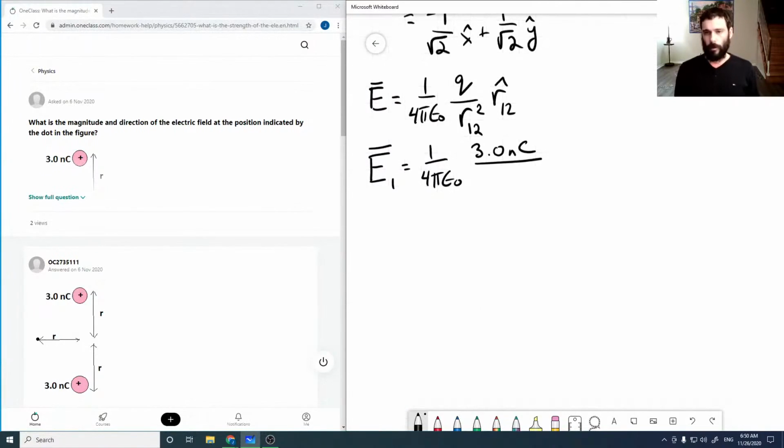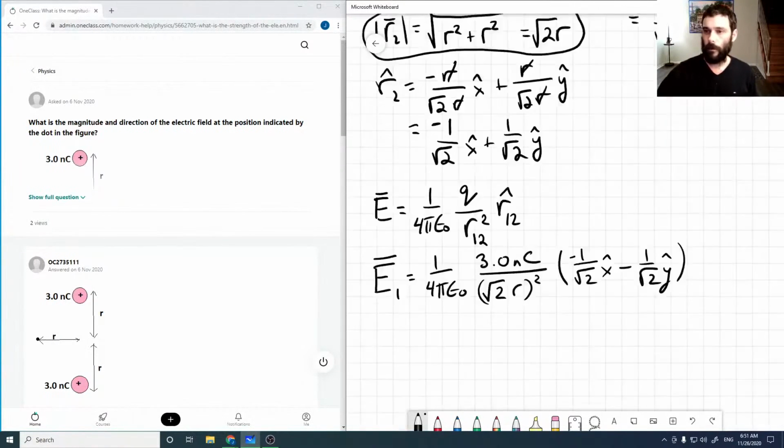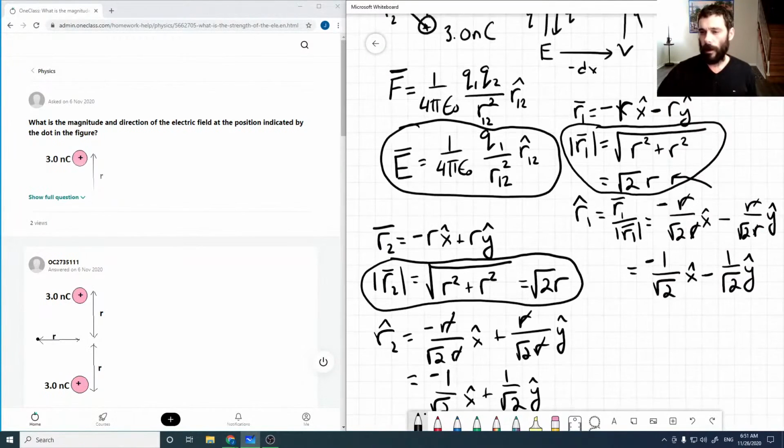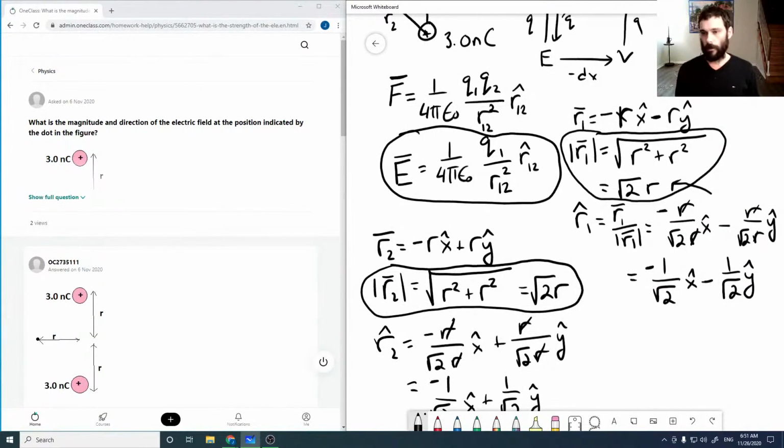So it'll be root 2 r squared, and then multiplied by our r1 hat, which in this case is minus 1 over root 2 x hat minus 1 over root 2 y hat. Right, so that would be our r1 hat, which is this guy here.